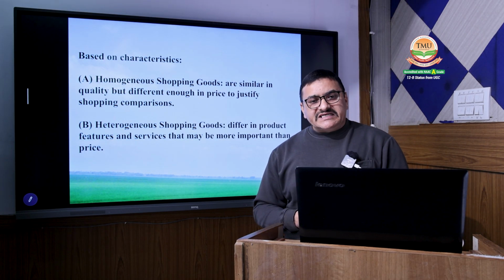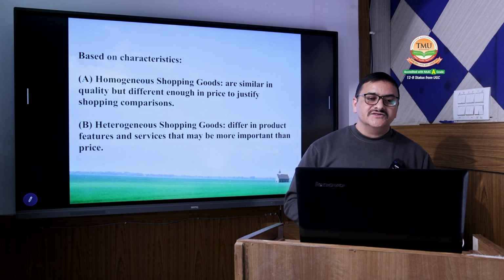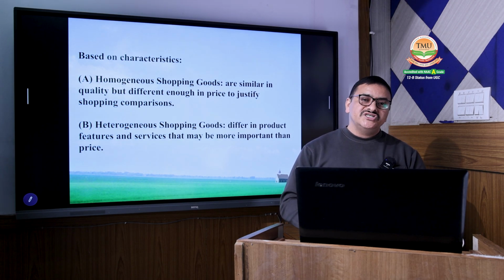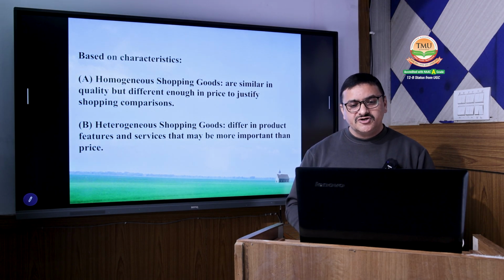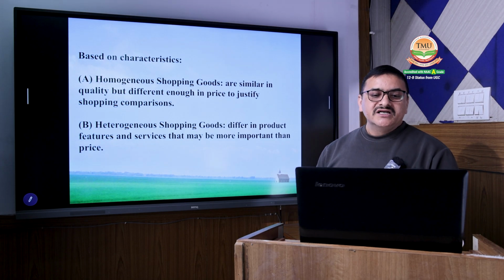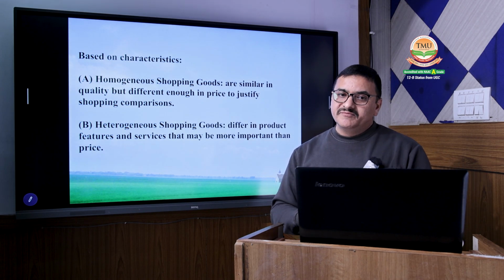Shopping goods are again classified into two subcategories on the basis of their characteristics. Number one is known as homogeneous shopping goods. Homogeneous shopping goods are similar in terms of quality but different enough in price to justify the shopping comparison.